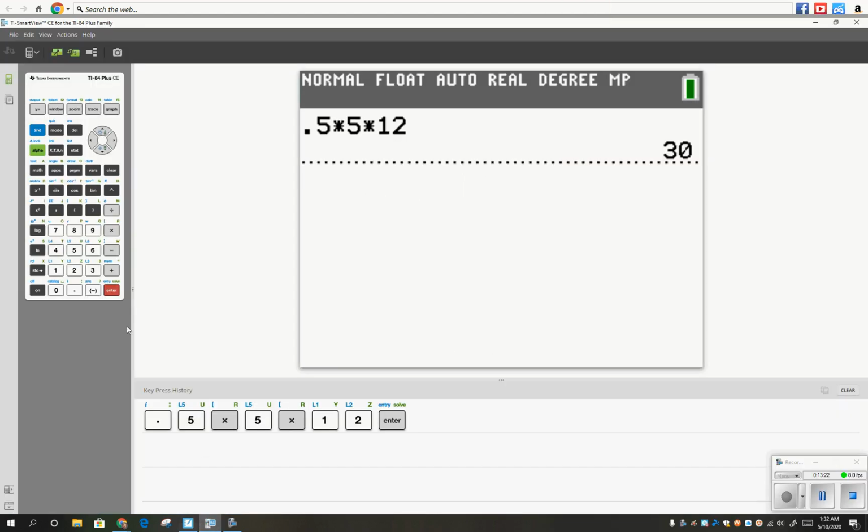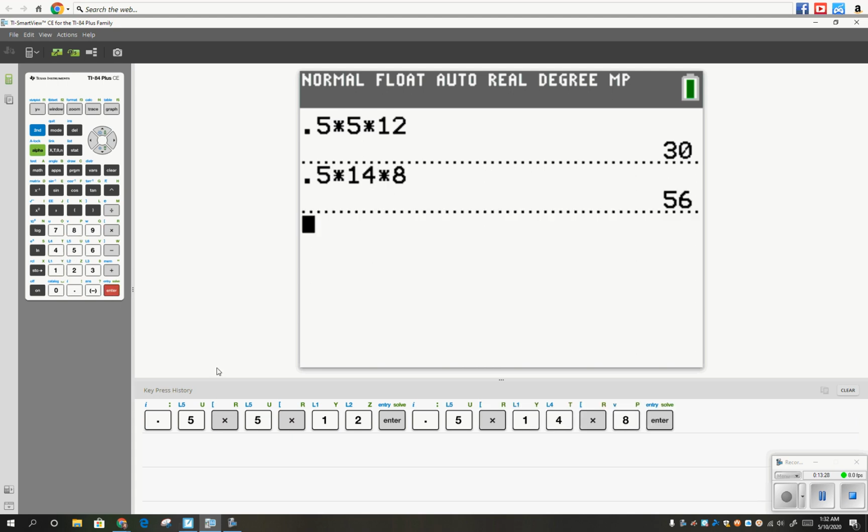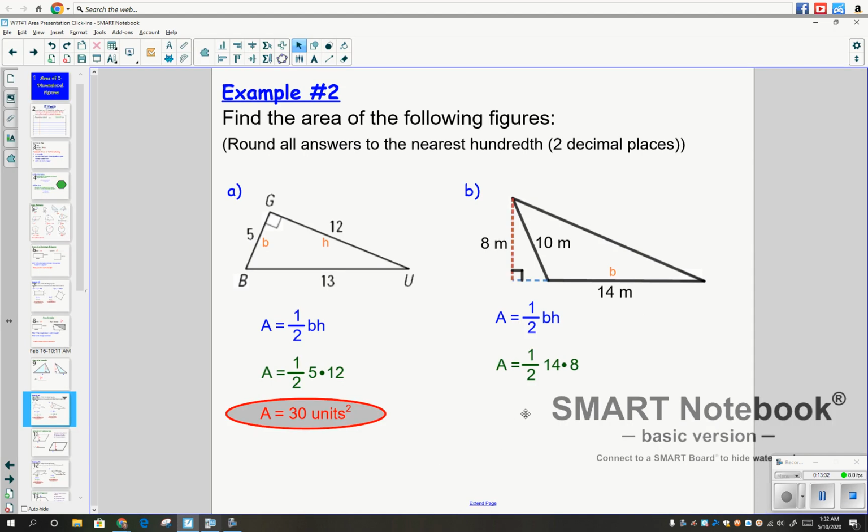Type that into my calculator. 1/2, 0.5 times 14 times 8 equals 56. The unit of measure is meters. So 56 meters squared is my answer.